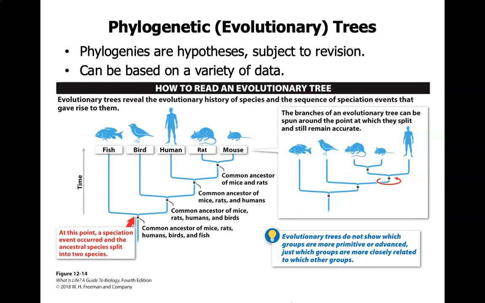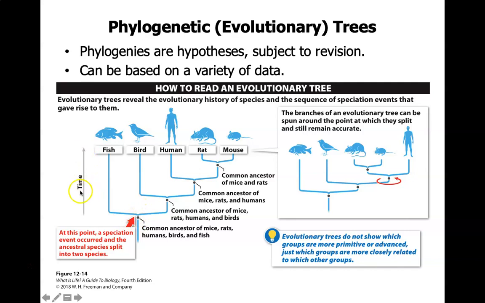So this is how a phylogenetic tree might look today. So if we look at a very broad phylogenetic tree of animals, we can make a hypothesis about how they're related. So each one of these nodes or separation points indicates that there was a common ancestor.